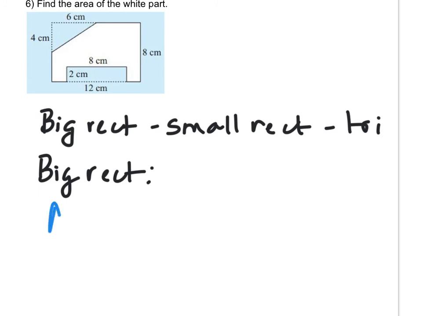So the area equals, well, let's have a quick look. So 12 is the full distance across, and I know that because this distance here is 8. Okay, so the whole thing is 12. That's the length, and then the width is 8. So 12 times 8 is equal to 96. That's the area of the big rectangle.